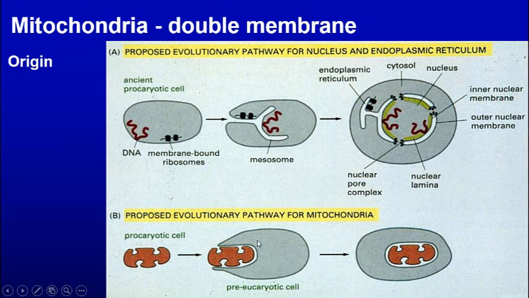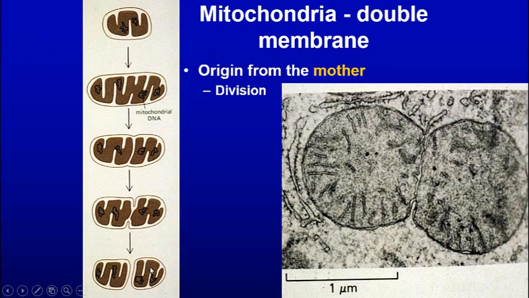Well, the proposed evolution of mitochondria is that a prokaryotic cell actually brought in the plasma membrane with it, and that this was the original plasma membrane of the cell, and that the membrane here is really the prokaryotic cell that became involved in symbiosis.